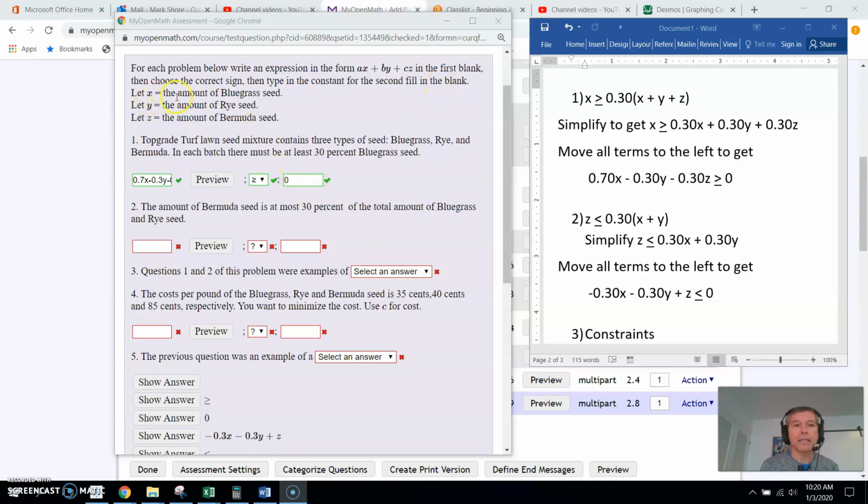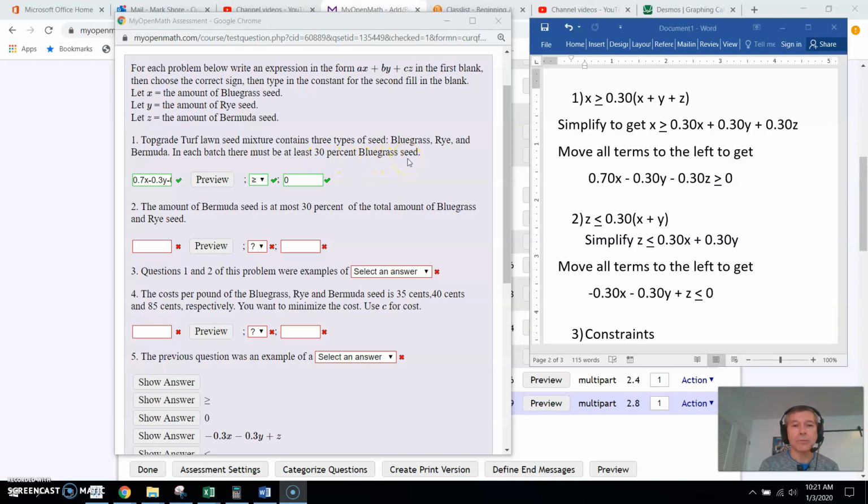So on this problem, x is the amount of bluegrass, y is the amount of rye seed, and z is the amount of Bermuda seed. So on one it says top grade turf lawn seed mixture contains 3 types of seed: bluegrass, rye, and Bermuda. It says in each batch there must be at least 30% bluegrass seed.